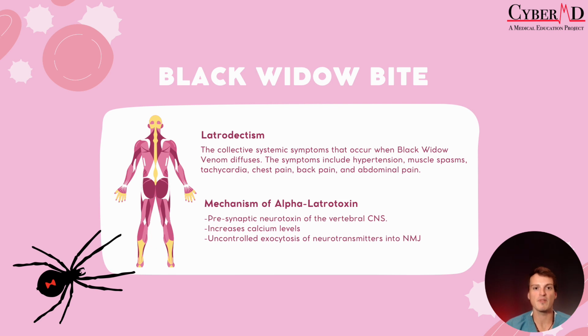What the venom does is it essentially depolarizes the presynaptic neuron terminals at the neuromuscular junction, and it does that by making the calcium channels open, and that's going to subsequently lead to uncontrolled exocytosis of neurotransmitters into the neuromuscular junction, and therefore you're going to get depolarization of those muscles, and you can sometimes get depolarization of your abdominal wall muscles, and that would cause severe abdominal pain, especially over time.